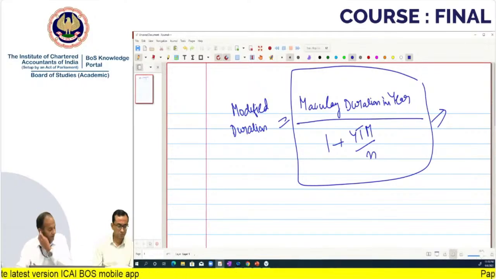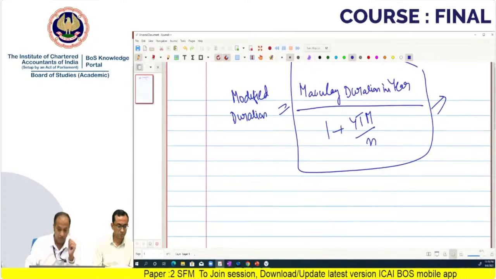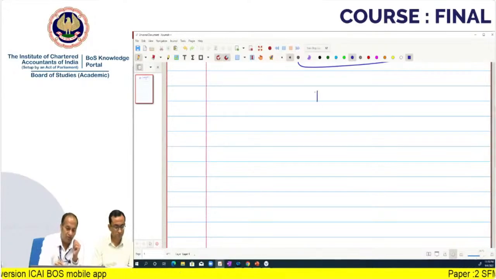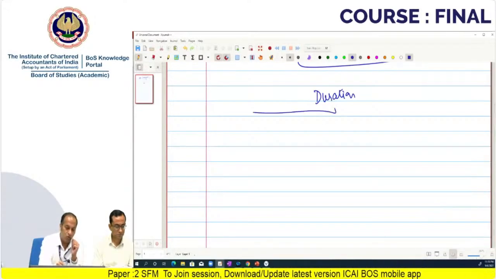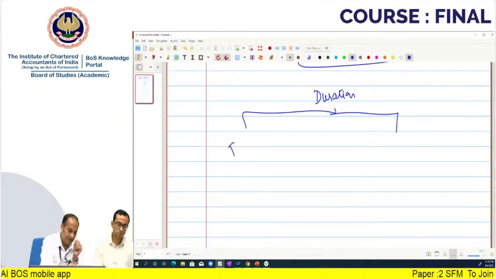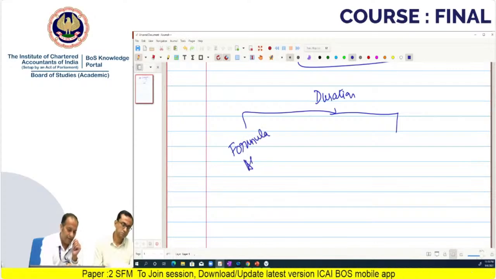Now student, when we talk about this concept of bond, I would like to highlight one thing. In the computation of duration, there are basically two approaches. Both approaches have been discussed in the study material. There is one formula approach.